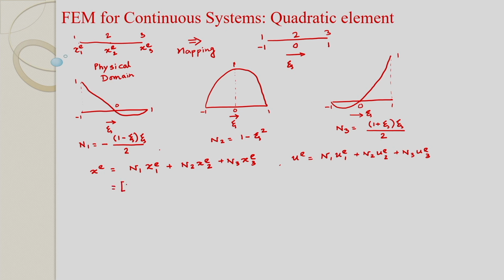This can be written in matrix vector relation, so 1 cross 3 and 3 cross 1, where x hat is the vector containing nodal coordinates. This u e also can be written as N u e hat.